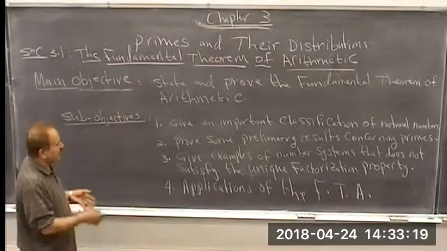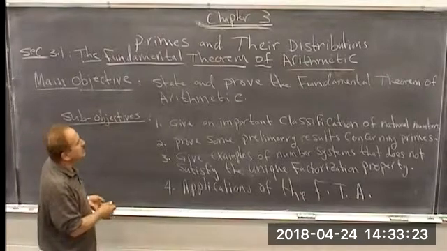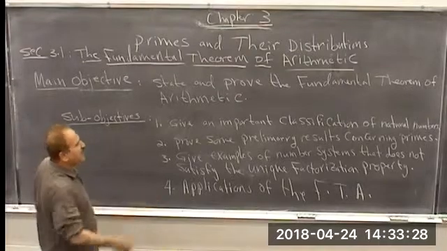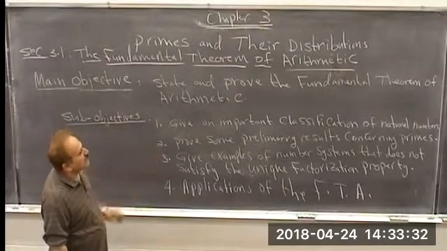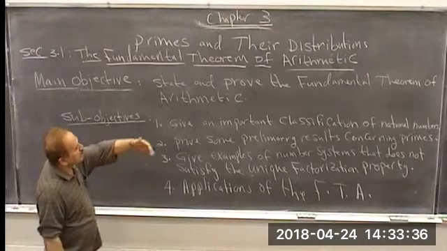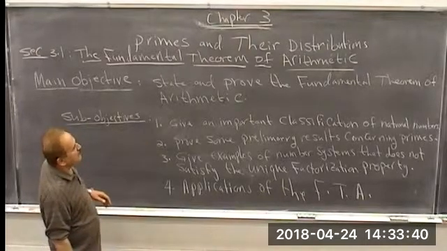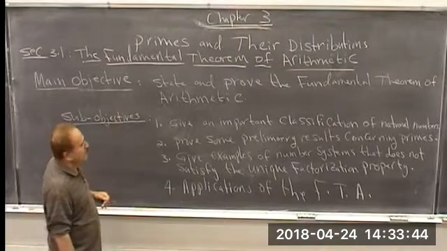It means, are they clustered? Are there clusters of primes very close to each other, or are there a lot of gaps between them? If there is a prime, next to it there could be a very long sequence of composite numbers, and then another prime shows up.